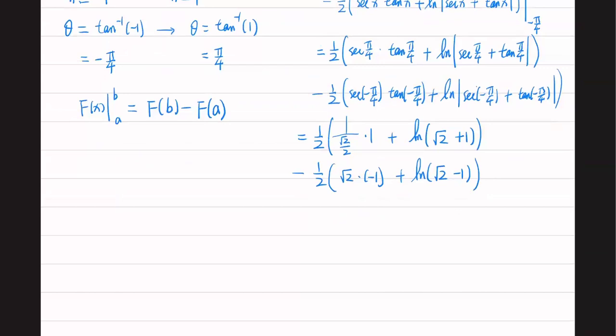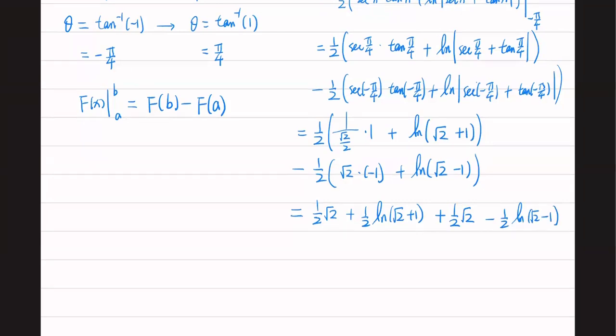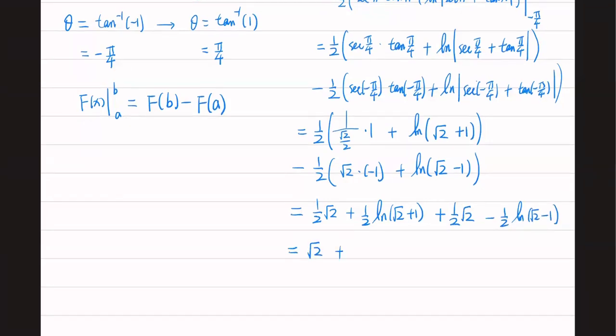So simplify, we get square root of 2 minus plus. Minus plus is a minus. So we can combine this, and 1/2.